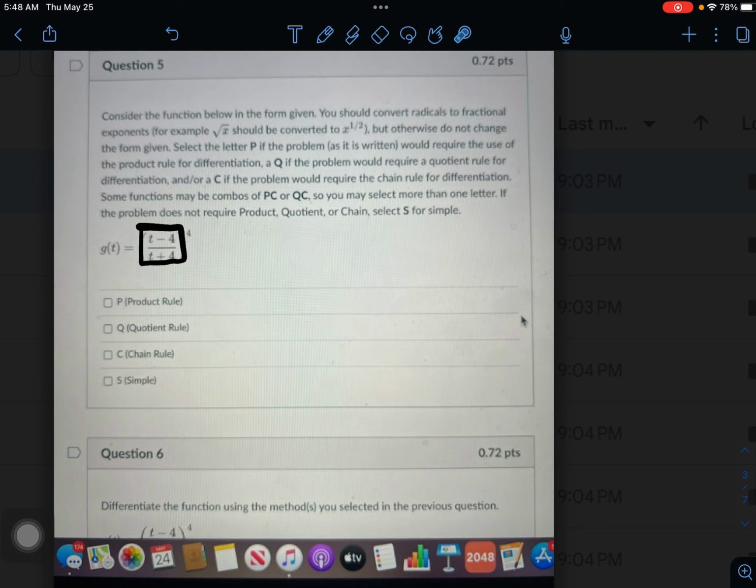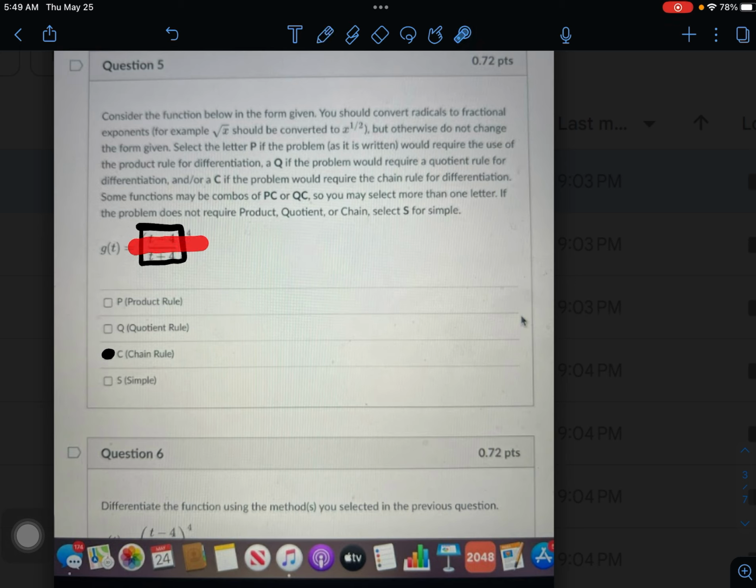We have something to the fourth power. That's your outside function. Something being raised to the fourth power is your outside function. And this something, this stuff right here, is your inside function. That's your chain rule. So that's one thing you need to select. We know it's a chain rule.